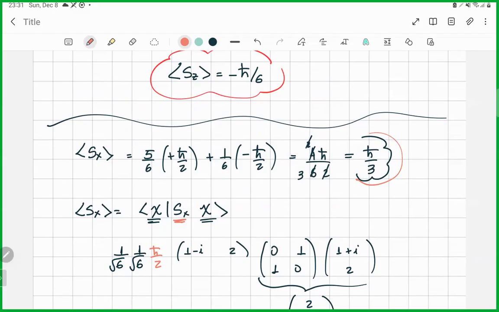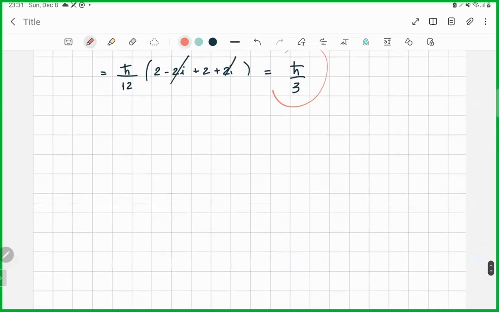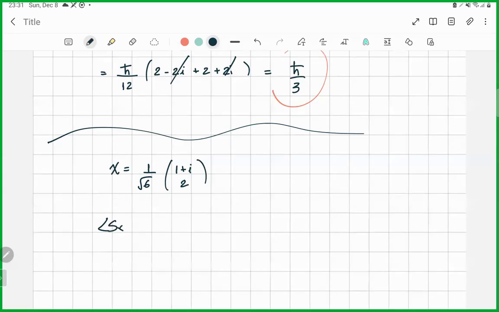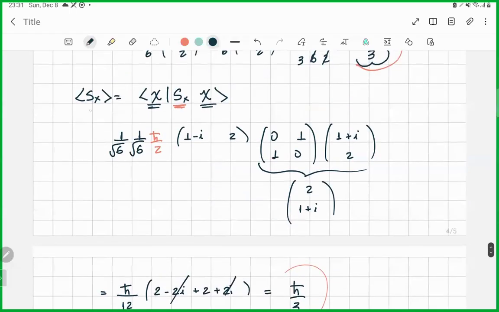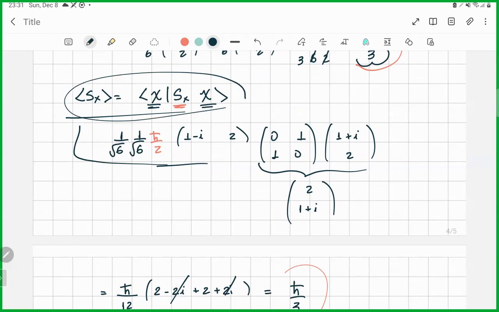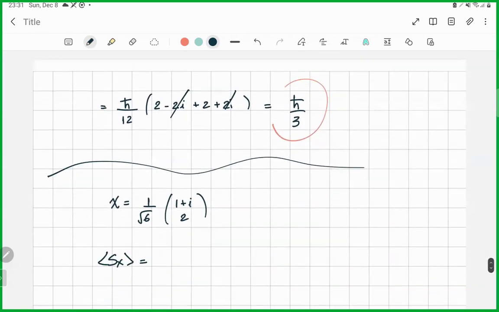Okay, so you choose the method that you want, but let me tell you, if the question was, given this state or any other state, just compute SX, the fastest way is just to go straight for this equation that we used here, because it's more straightforward.